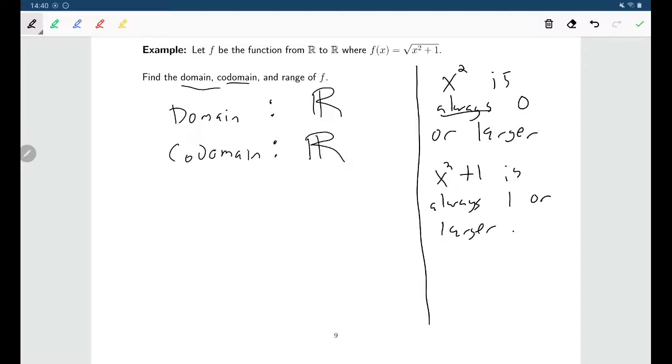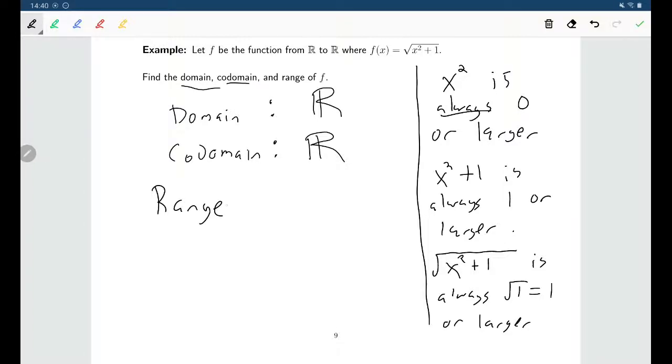Because, of course, if x squared, the smallest it could be is 0, then x squared plus 1, the smallest it could ever be is 1. And that means that the square root of x squared plus 1 is always at least the square root of 1, which is 1, or larger. So when we're thinking about this function f of x, although the output will be real numbers, we're not going to see all the real numbers for our range.